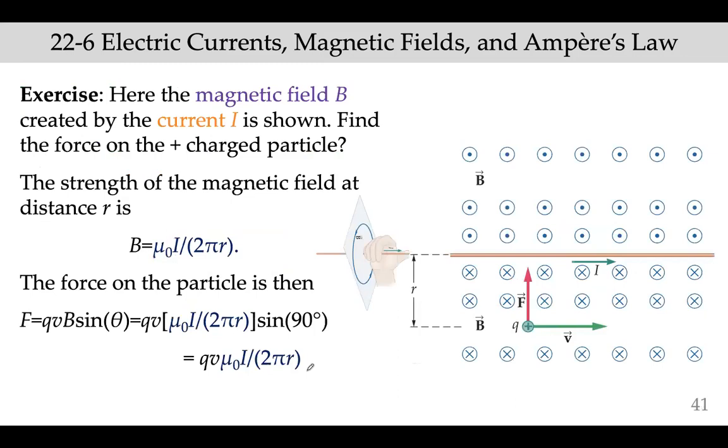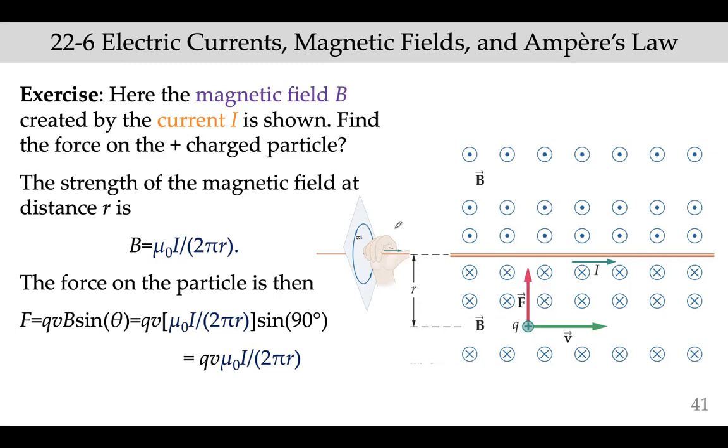So let's put this formula in use. In this exercise, what we have is the magnetic field created by current I is shown. So we have this current carrying wire. Now in this problem, the magnetic field is not produced by other agents. It's created by the wire. So what you see here is the wire's magnetic field.